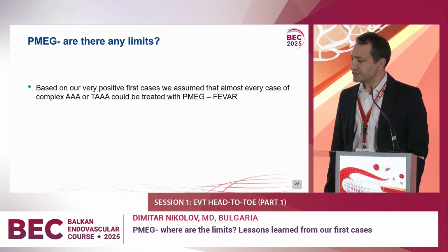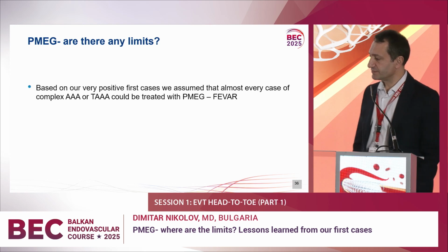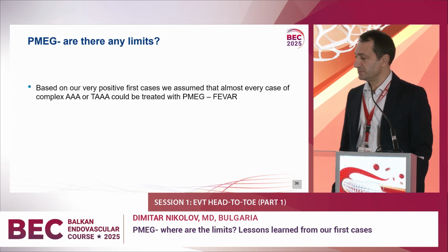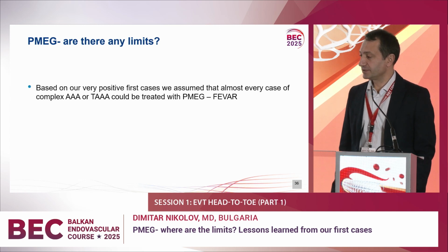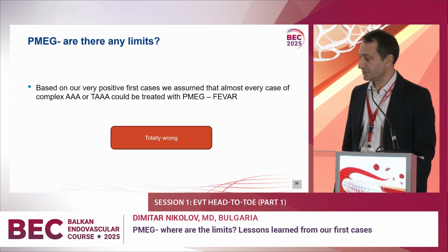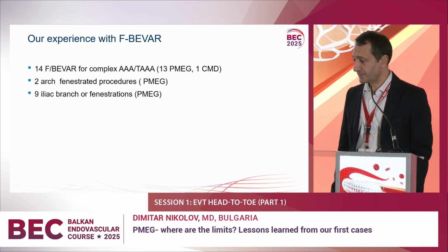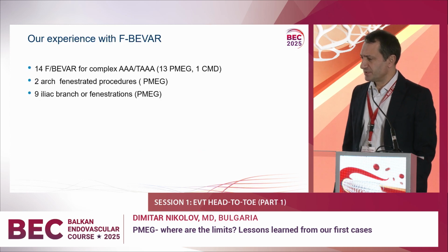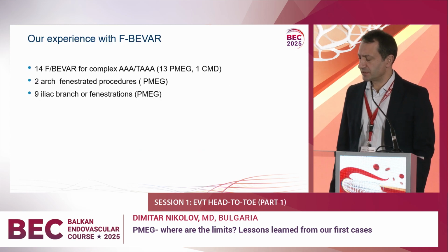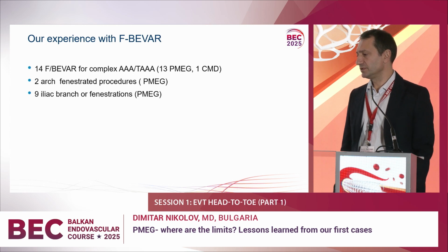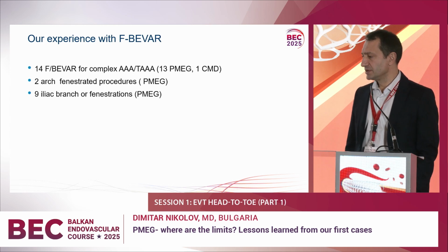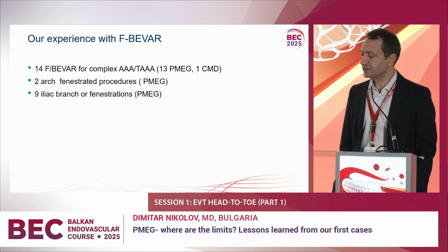So, where are the limits? Based on our very positive first cases, we assumed that there must be almost no limits and every case could be treated with PMEG, but this is totally wrong. Our experience from the beginning is up to now 14 fenestrated and branched EVARs for complex AAA and thoracoabdominal aneurysms.